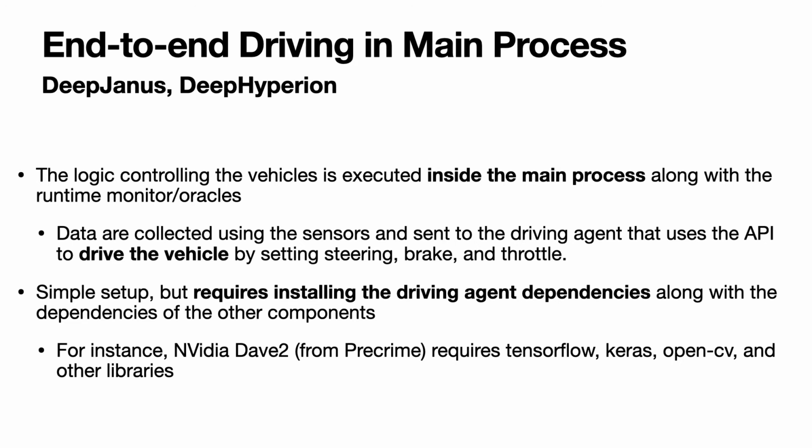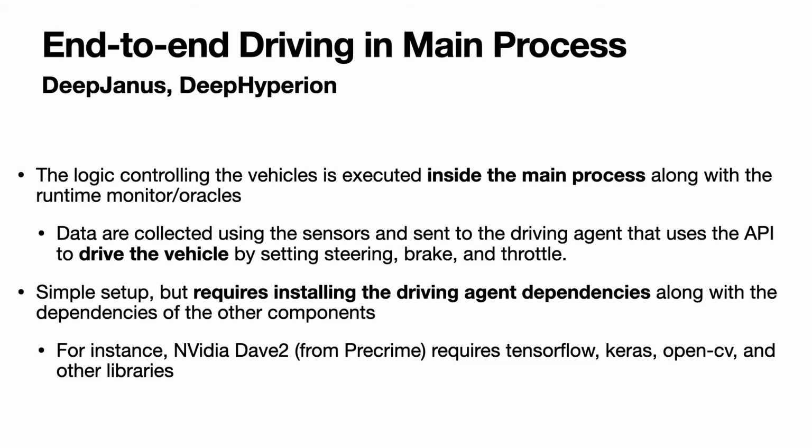The upside is that it's simple. In the loop where you pull the data and then step the simulation, you can forward the data to the driving agent that computes the control. But it also requires installing all the driving agent dependencies within the other components.